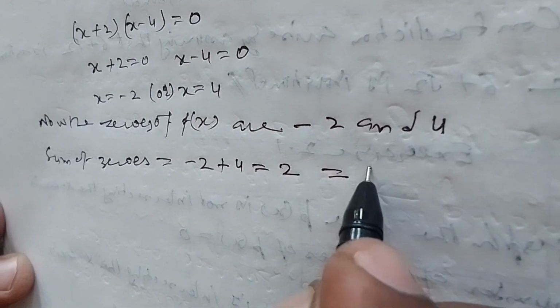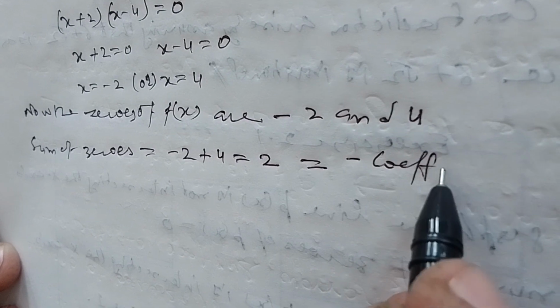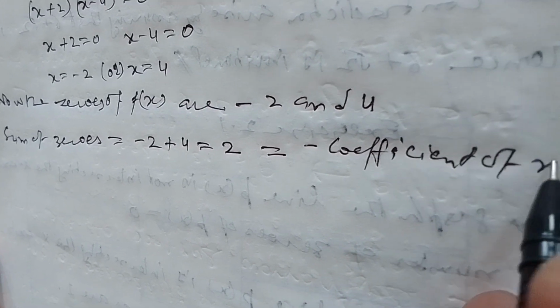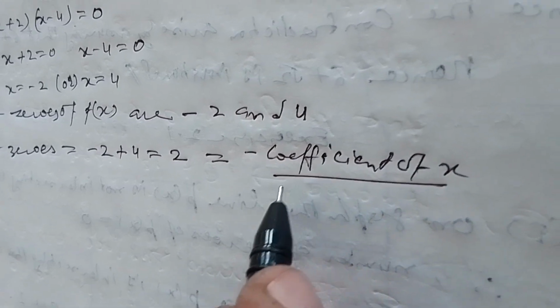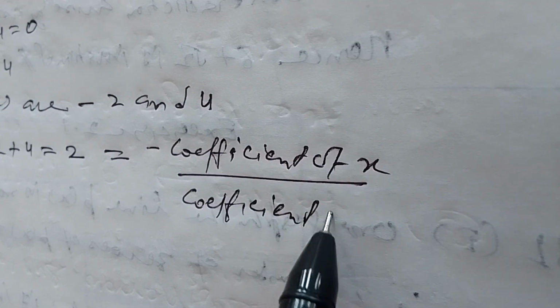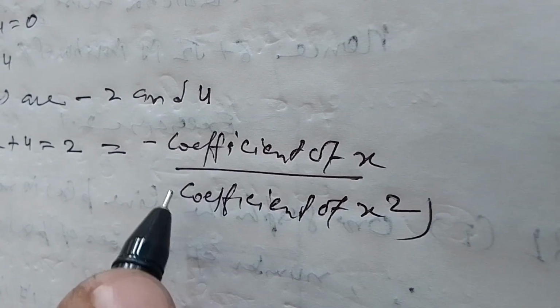It is equal to minus coefficient of x divided by coefficient of x square.